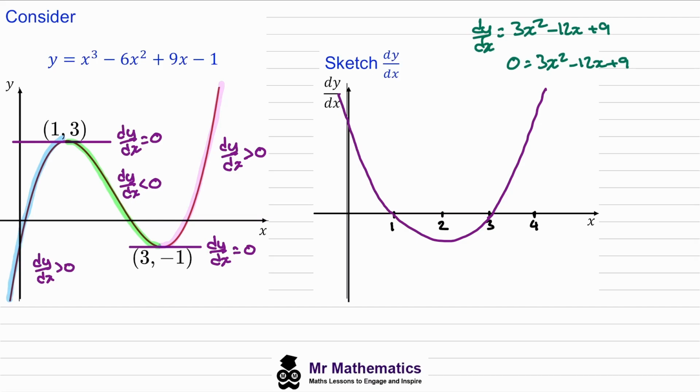We can factor out this 3, so 0 will be x squared minus 4x plus 3. We can factorize this, and we get x minus 3 and x minus 1. So our roots will be at 3 and positive 1, which they clearly are, here and here.